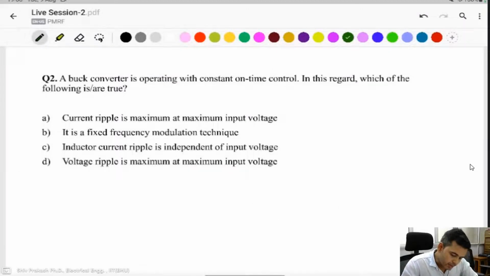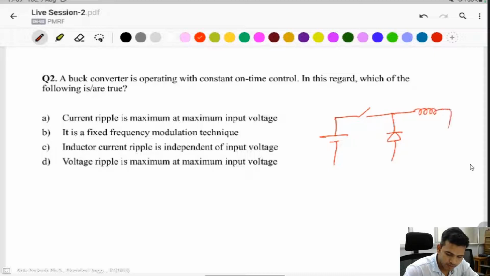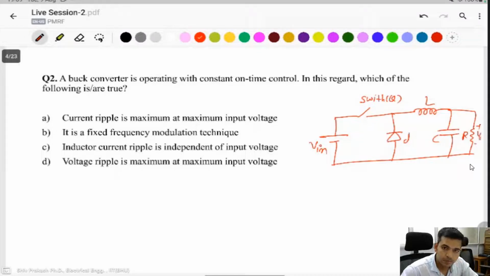You know about the buck converter very well. This is the diode, C, D, D. This one is V naught.